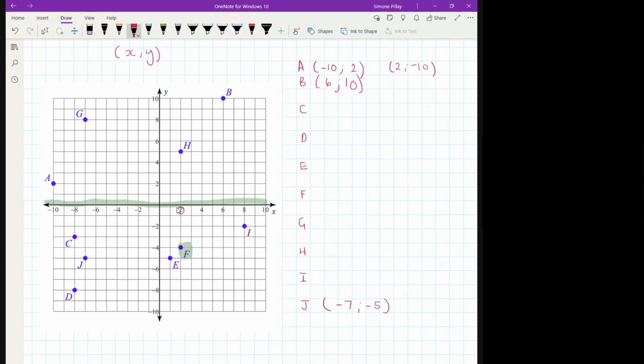And then -10 would be all the way down here on my y-axis. So this is where this point would be of 2 and -10. Do you see how different that is from A over there? Super different. So do not make that mistake and confuse your X and Y value.